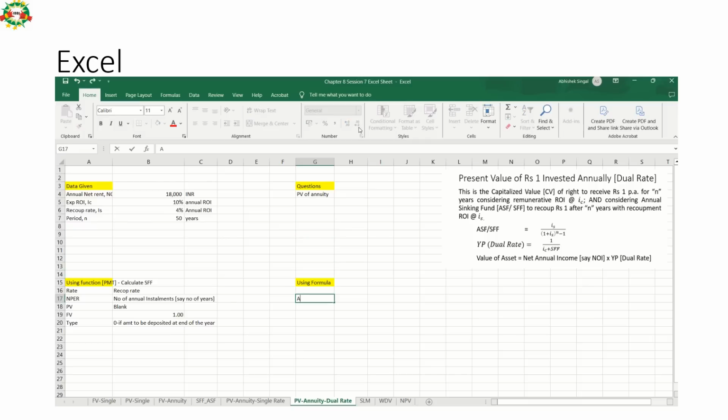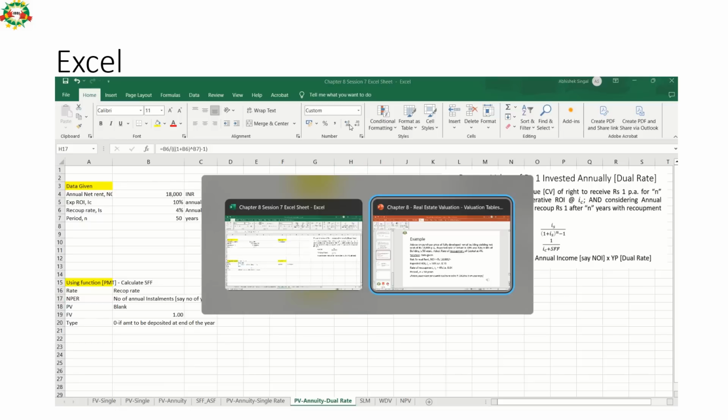If we calculate using the formula, the SFF formula is IS divided by (1 plus IS) raised to power n, minus 1. So this is the value, 65550.